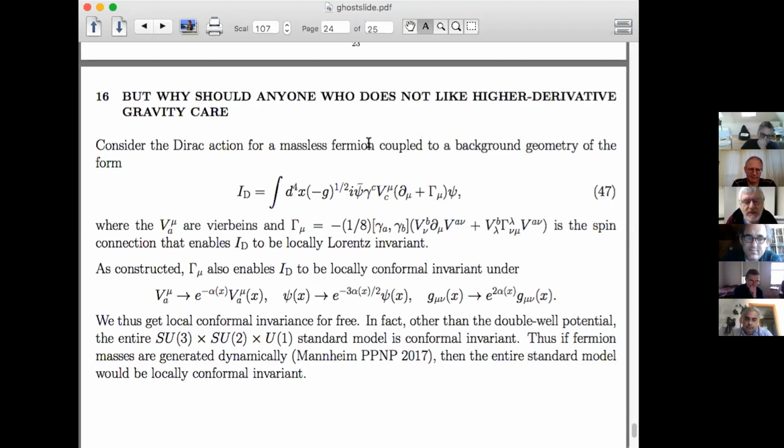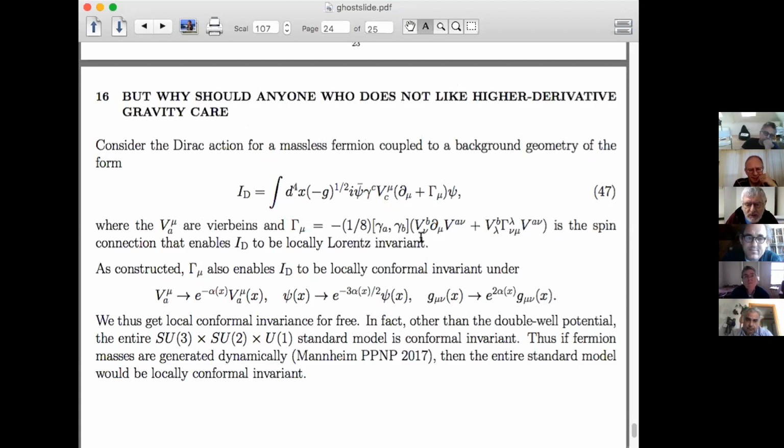Consider the Dirac action for a massless fermion coupled to a background geometry. You just write down psi bar gamma mu d mu psi as usual, but you have to introduce what's called the Vierbeins and the so-called spin connection. Now, this was introduced not just to couple fermions to geometry, but to make the theory locally Lorentz invariant.